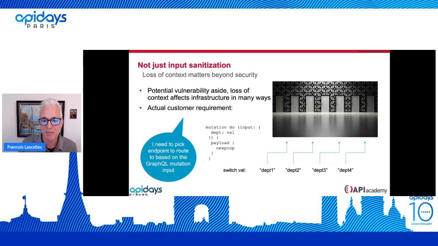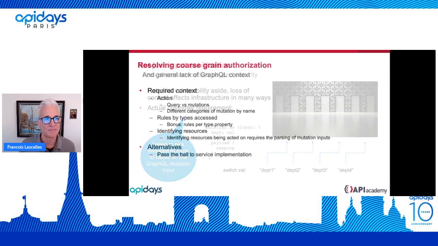And depending on which department you're reading here, you will route to different GraphQL endpoint values. This is something that for us, the layer 7 gateway, the pattern of switching between different endpoints based on something we inspect in the input is an extremely common pattern. And in order for us to do that with a GraphQL pattern like this, we need a way to interpret and get more context out of the GraphQL syntax.